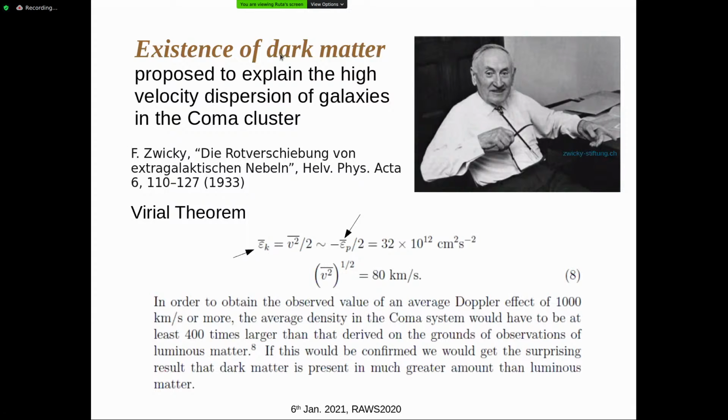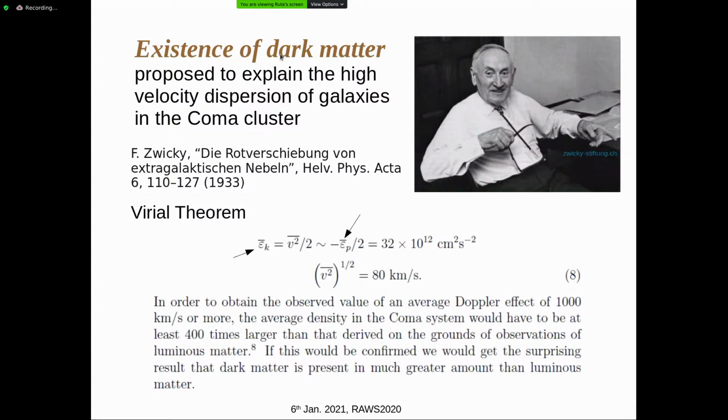This is a very interesting paper actually. It's available in English and you can also try to read it. The argument is based on the virial theorem, and what was seen was that the velocity dispersion of the galaxies was measured for the Coma cluster.